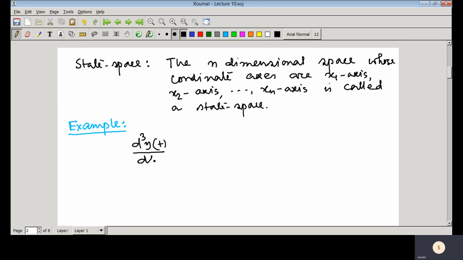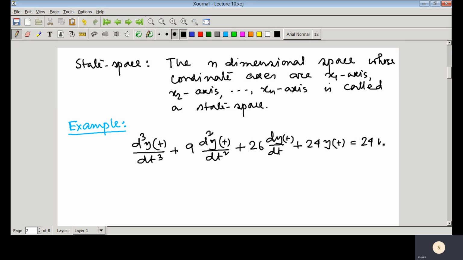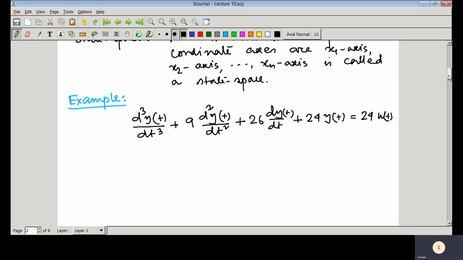So suppose a dynamical system is represented by this particular dynamical system where input is u(t) and output here we are defining that output is y(t), which is defined as suppose x1(t).